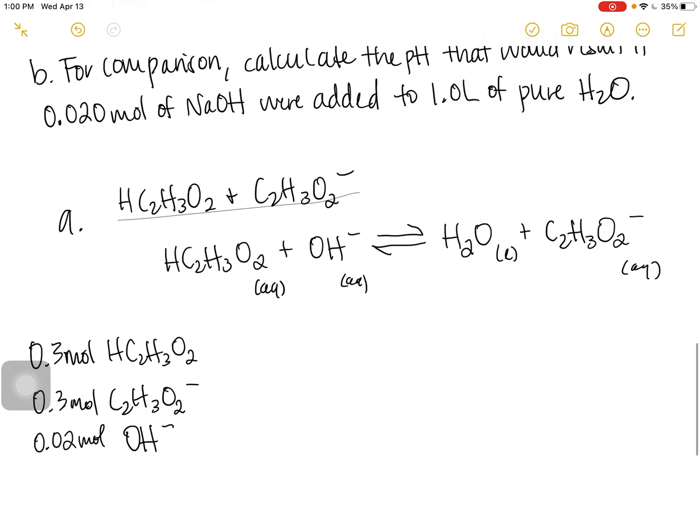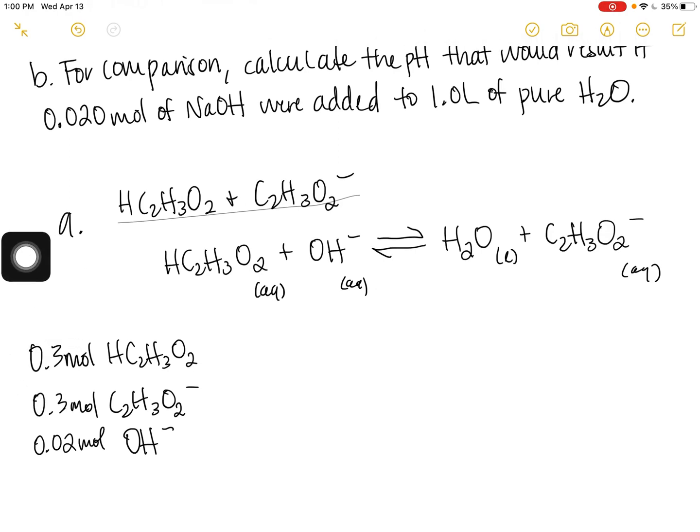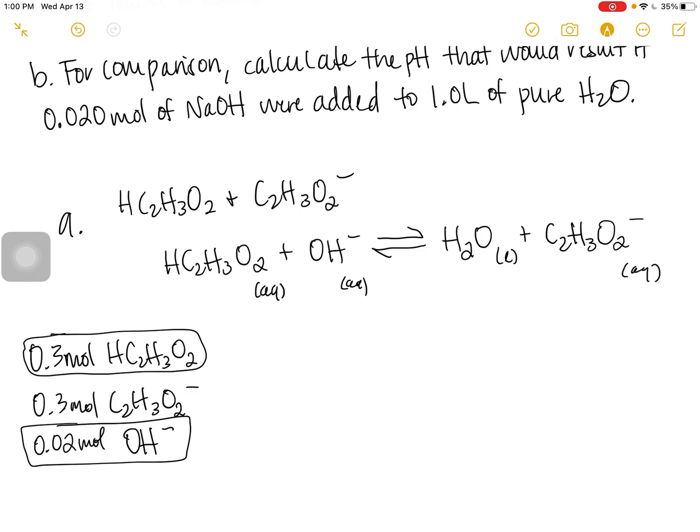I'm actually going to avoid writing this as a sequence because I don't want it to confuse us too much. Well, I guess we could. So I think I will. This is my reactant and this is my reactant. If I write my sequences, it's going to be pretty obvious to figure out who is limiting and who's in excess. Forgot to underline.